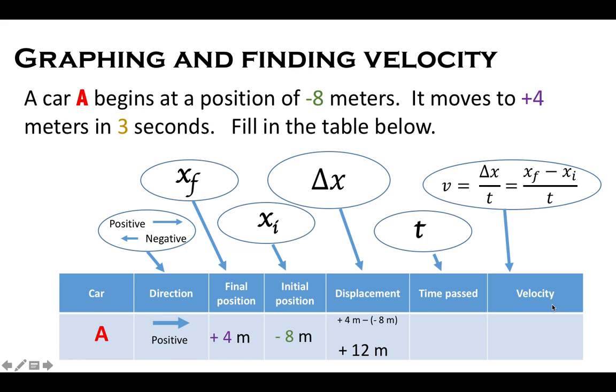The time passed was 3 seconds, so we'll include that in the time passed category. And then we'll gather all of that together in the velocity calculation. We'll put the displacement divided by the time, 12 meters divided by 3 seconds, and find that we have a velocity of car A of 4 meters per second.